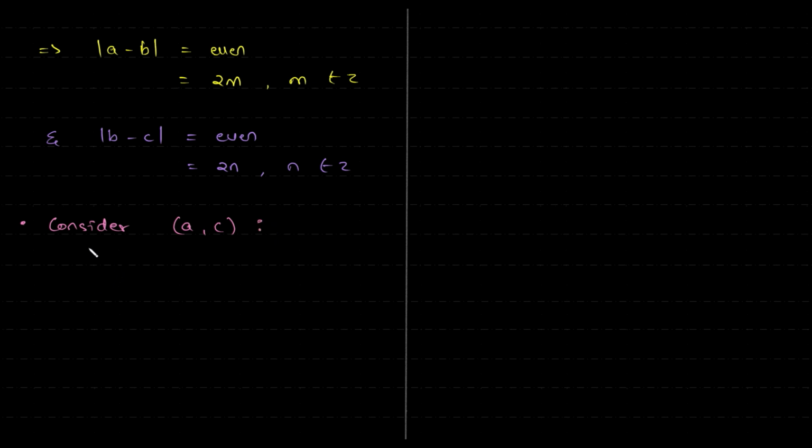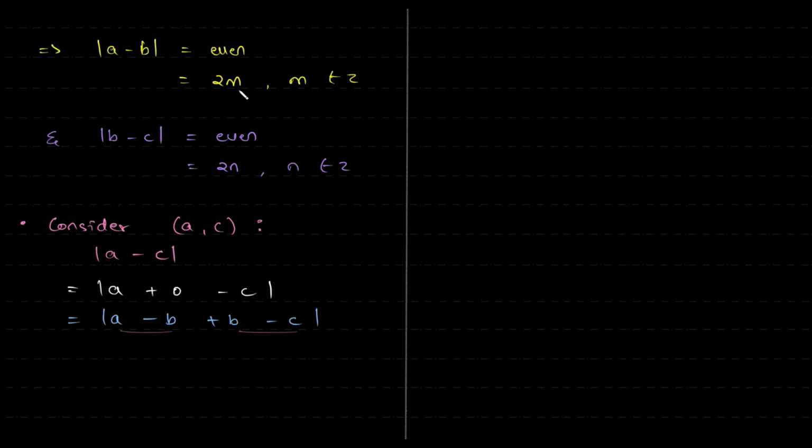So I'm going to write this as modulus of A minus C. I'm going to rewrite this as plus 0 in the middle. I can do that, right? And further, I'm going to write 0 as minus B plus B. So we have A minus B and B minus C. Do you guys agree?